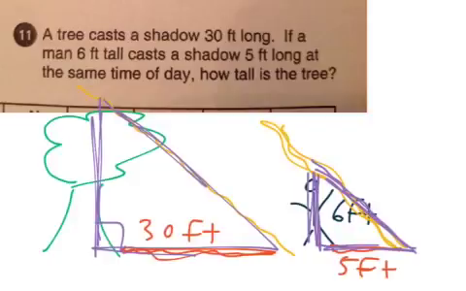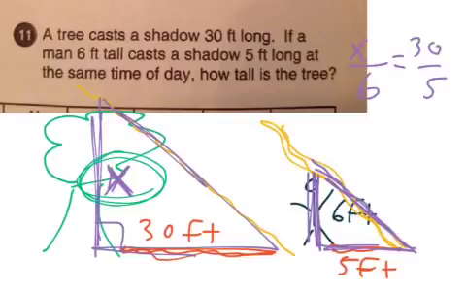So therefore, guys, can we figure out how tall the tree is? And the answer is yes. Let's call that x. So the height of the tree we'll call x. And does everybody agree that x goes with 6, right? Just like 30 goes with 5 feet. Now, let's see here.